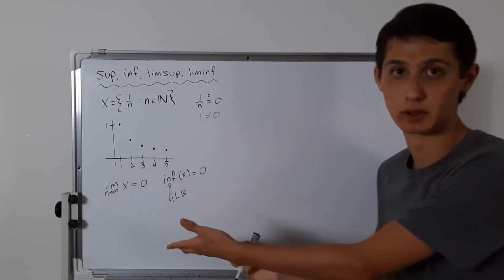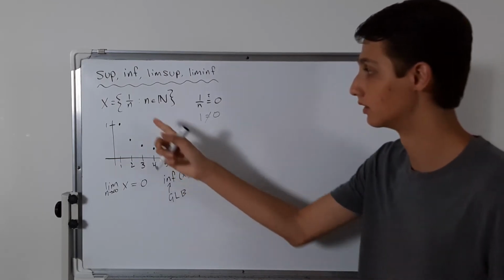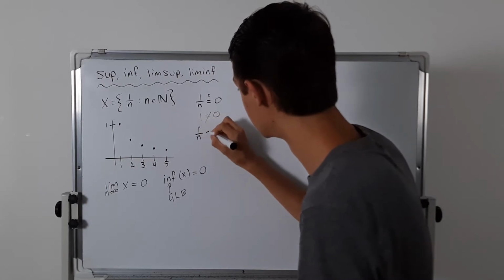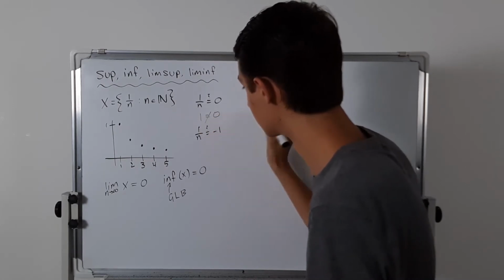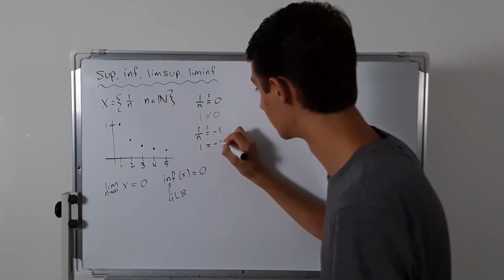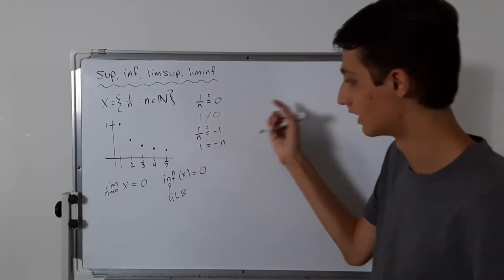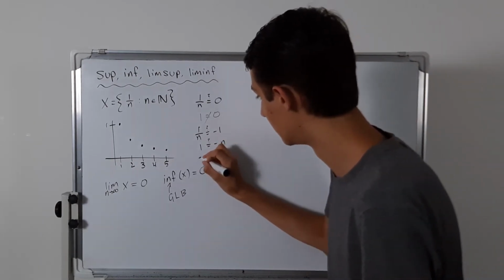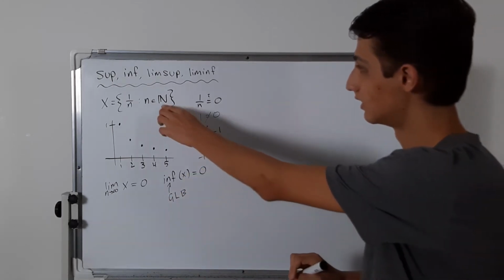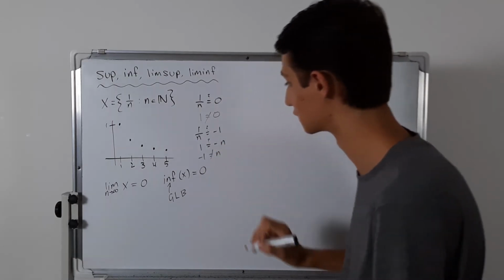You can have a bunch of lower bounds for this. For example, -1 is a lower bound to the sequence, because again, there's no point where 1 over n equals -1. I can multiply both sides by n, and I get that 1 is equal to -n, and then -1 is equal to n, but n is not equal to -1 because that's not a natural number, so this is not true.